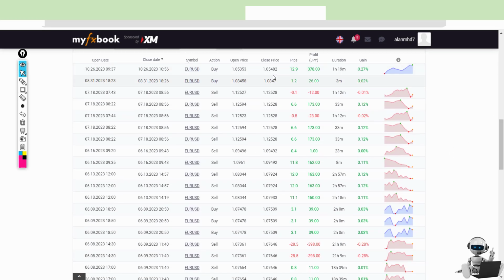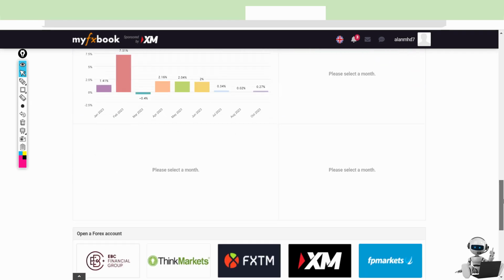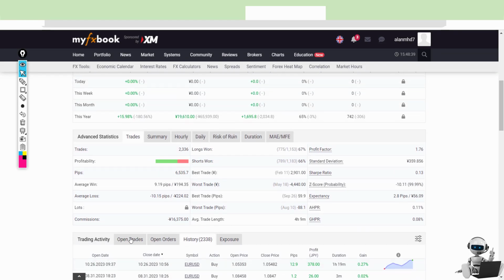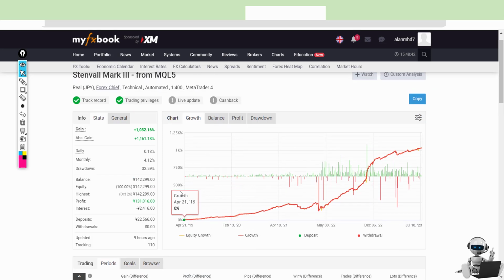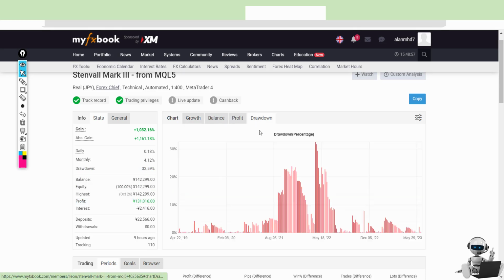So you can see this one is still on Euro US dollar, and it does make profit. So at least we have good data now. That means this EA in 4 years has made, I don't know how that is equivalent in US dollar, but he made a lot of money for sure with only 32 drawdown, which is quite impressive.